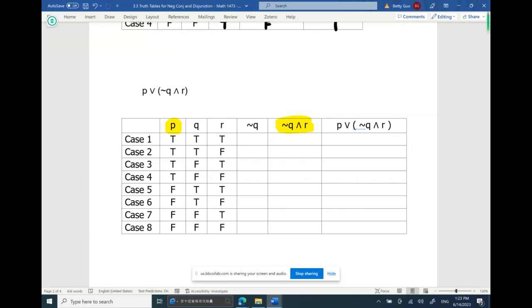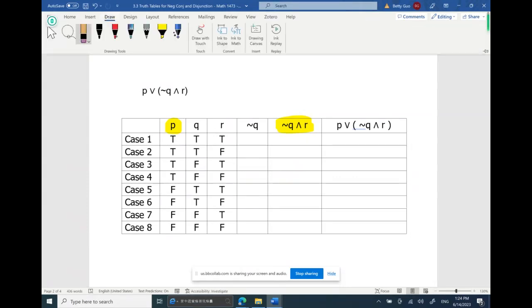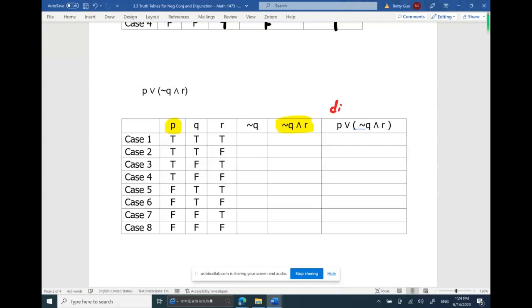As I explained earlier, the target compound statement is a disjunction, and the 2 components are the 2 yellows. The first component is very simple, it's just P. The second component is a conjunction. The second component itself is a compound.